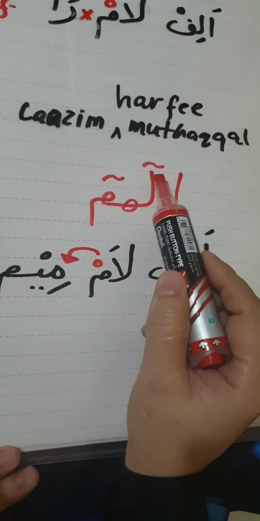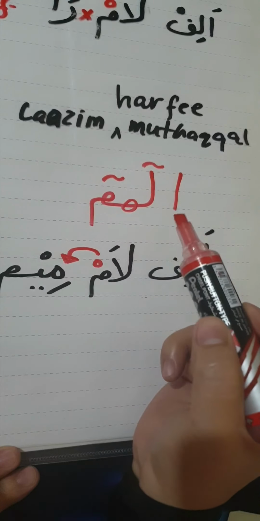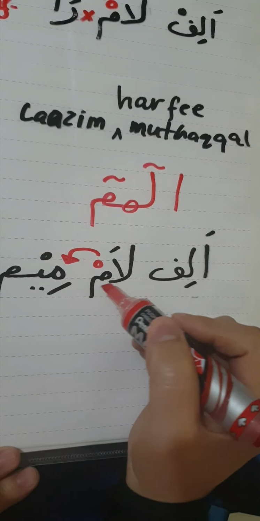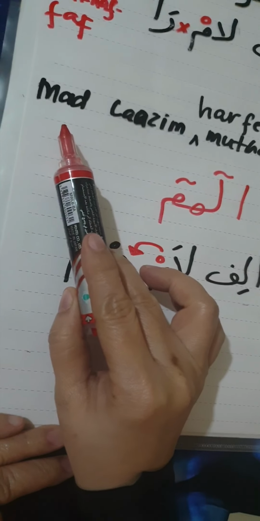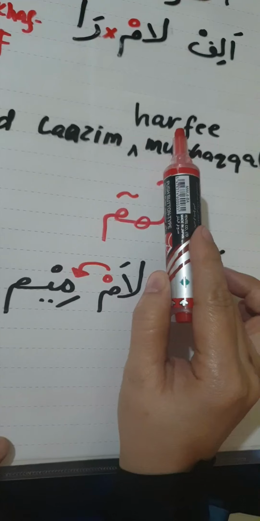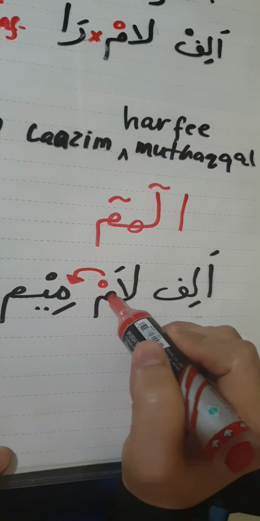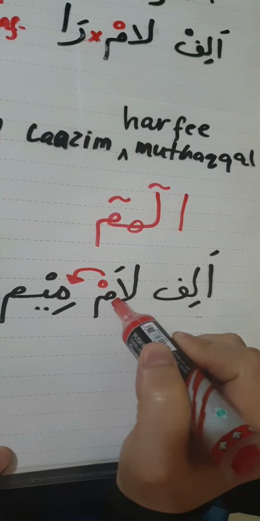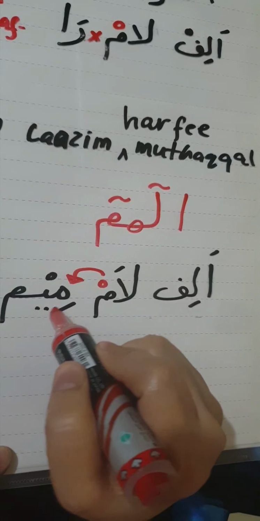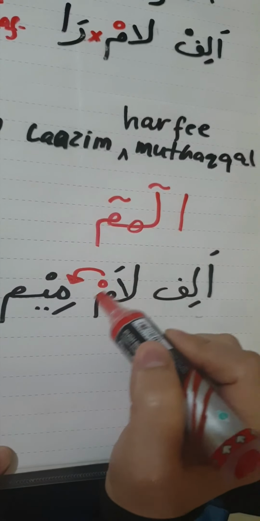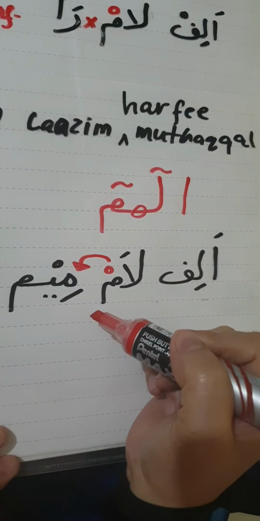The lam here has 6 counts, and the mim also, and in between there is a merging. So this is the example of mad lazim harfi muthaqqal. Muthaqqal because the last mim of the lam and the first mim of the third letter have been merged. So that is why it's called muthaqqal.